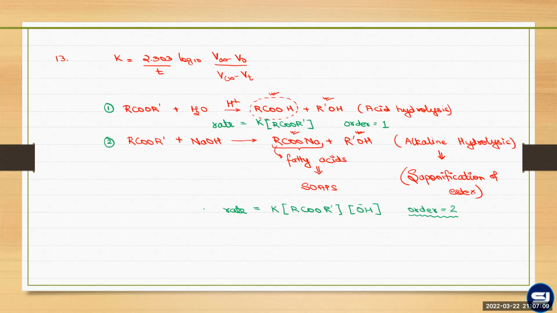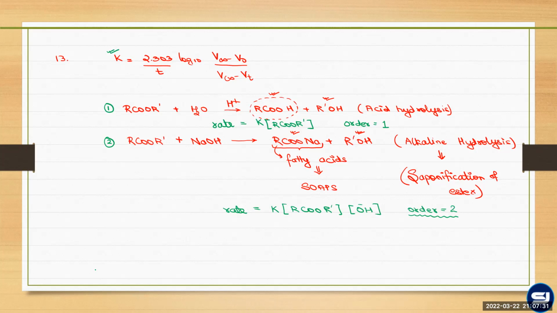Okay. तो अब यहाँ पर coming back to the question number 13. Acid hydrolysis of ester is first order and rate constant is given by this equation. So now, where V0, Vt and V infinity are the volume of NaOH required to neutralize acid present at a given time.